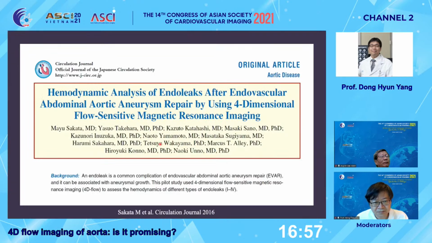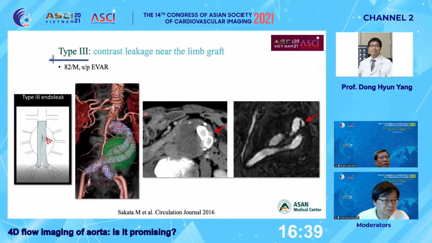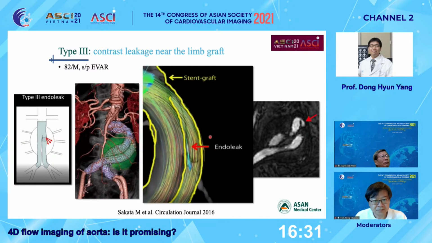A more dramatic example can be found in this article by Dr. Sakata from Hamamatsu University in Japan. They very nicely showed 4D flow MRI analysis of endoleaks after endovascular aneurysm repair. This is a type 3 endoleak between the aortic graft and left limb graft. 4D flow MRI clearly demonstrates the endoleak flow from the stent graft gap here.